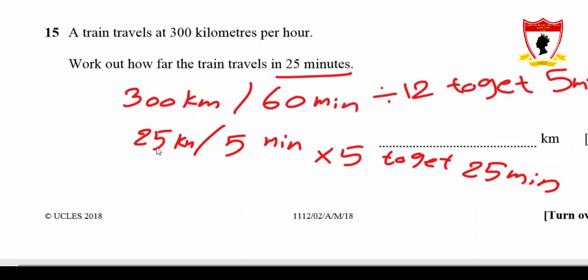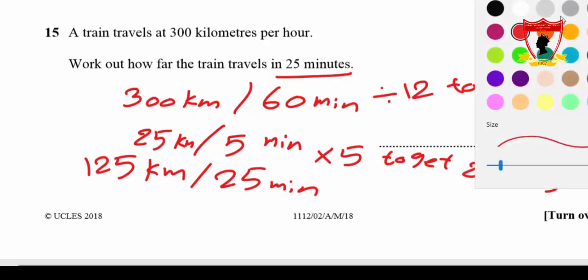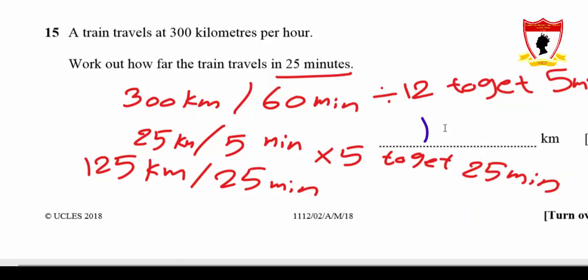Now, 25 times 5 will be 125 kilometers. 5 minutes times 5 will be 25 minutes. Now the answer wants kilometers. The distance in 25 minutes. So it's 125 kilometers. 125 kilometers is the answer.